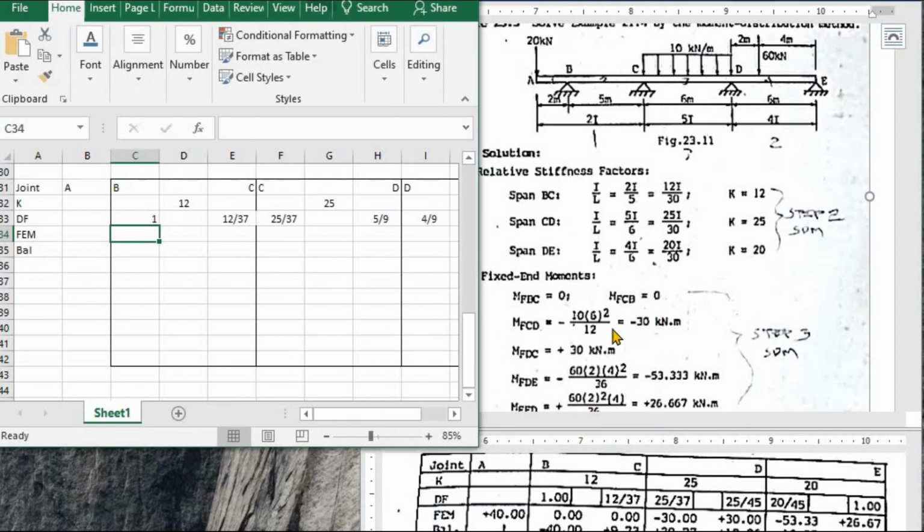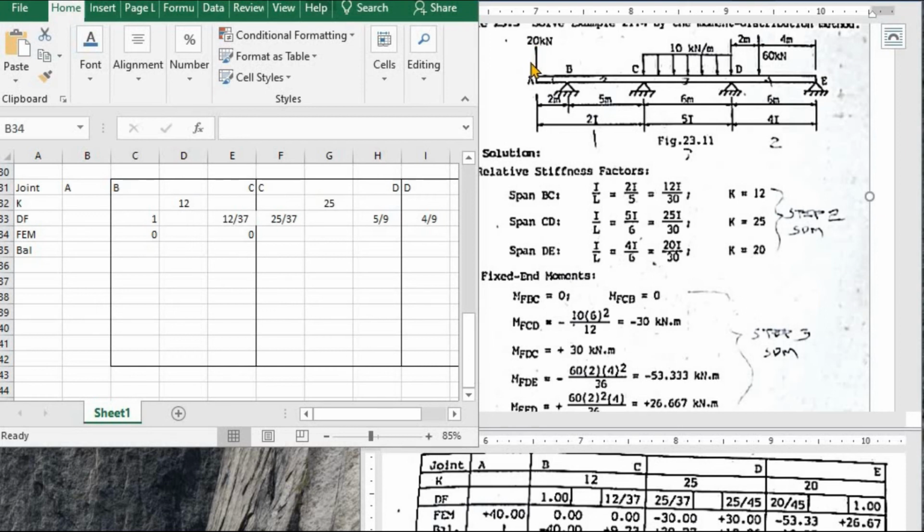Ito. So, for BC and CB, 0 yan kasi walang load. So, you just type there 0 and 0. Pero pagdating mo dito sa first column, hindi na yan 0 kasi merong concentrated load dito. So, that is yung reaction na moment.